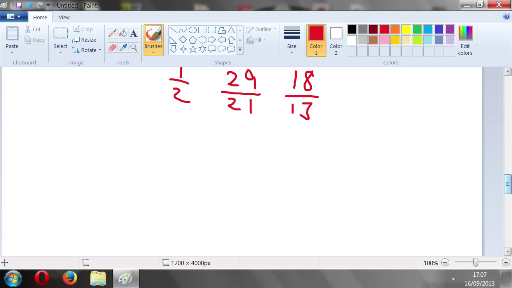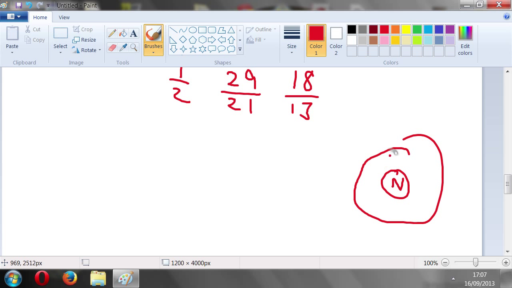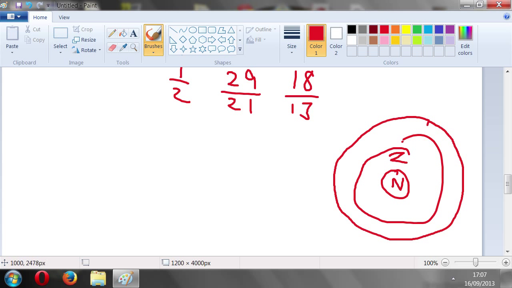Next up. So we can say basically this is how it is. Natural numbers, positive numbers, integers, all numbers, Q, fractions, and also I may as well put real numbers at this point.